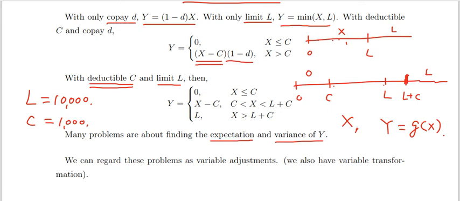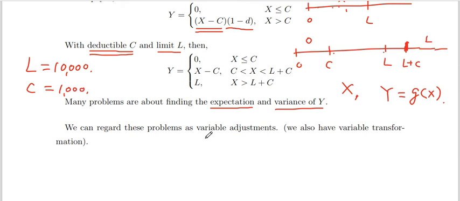So we sometimes focus on this new variable Y. We can regard Y as this variable's adjustment. This is not exactly a transformation, but close, just a variable change, right?